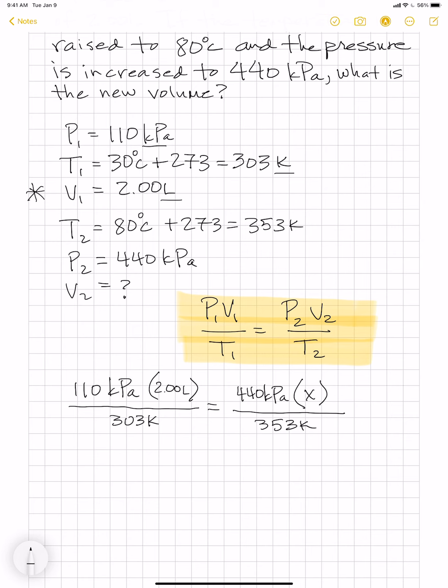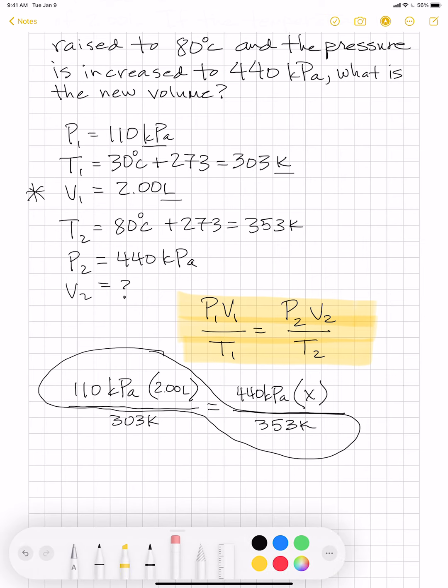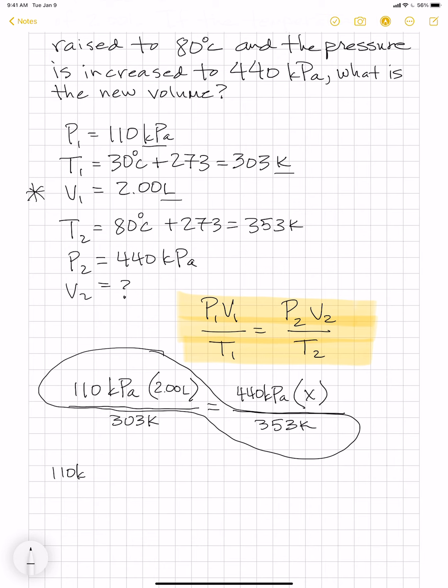Now, let's do this. Since we see an equal sign between fractions, we can cross multiply this part. So let's do that. Ready? Here we go. 110 kilopascals times 2.00 liters times 353 Kelvin equals. All right, you guys see what I did?